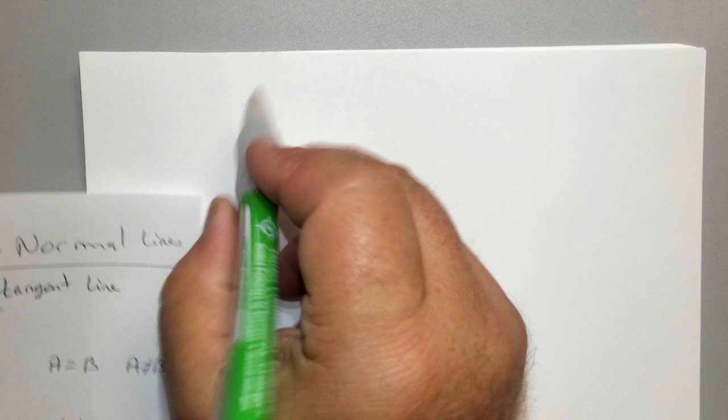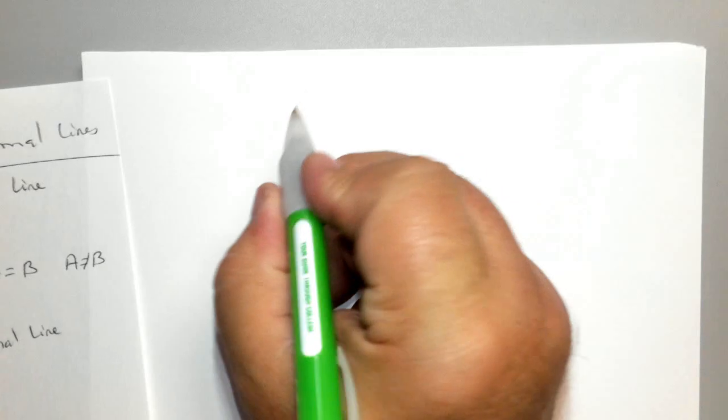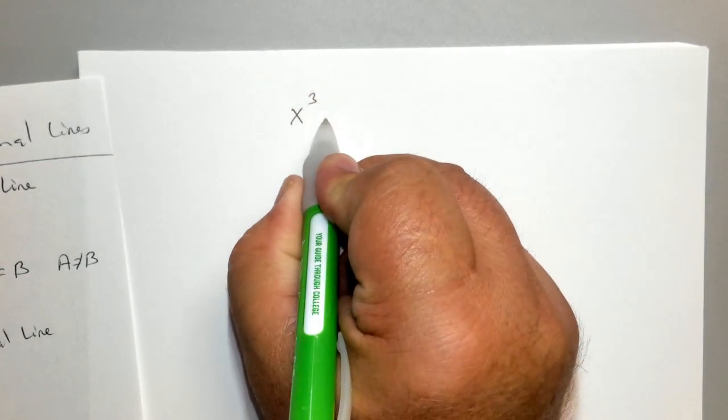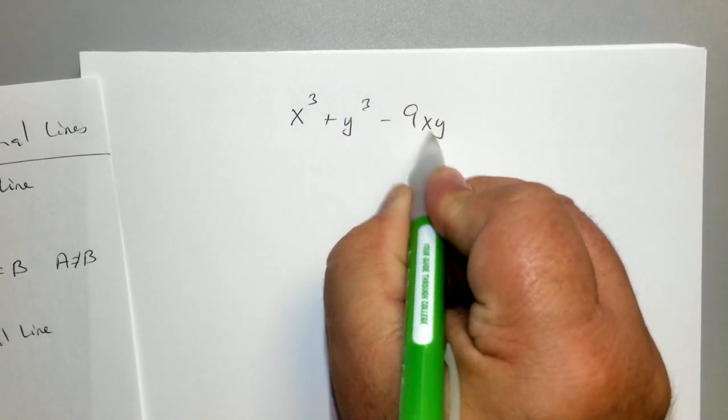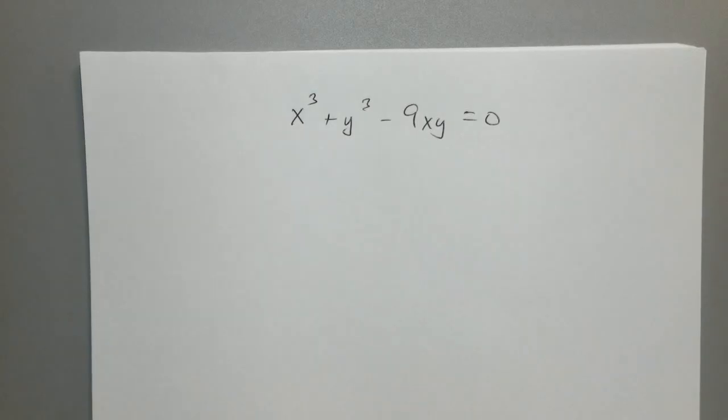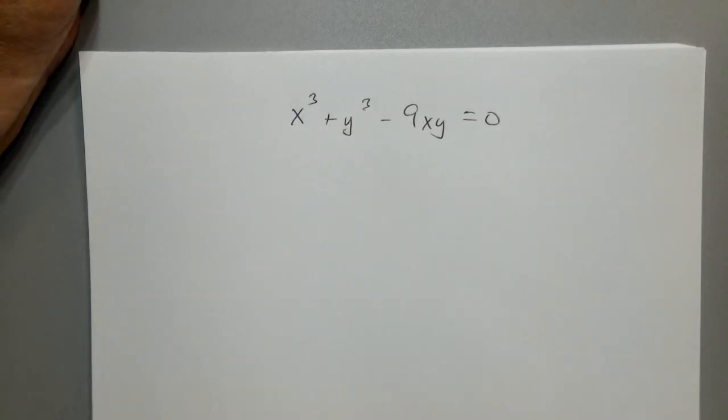I need a function. The function is x cubed plus y cubed minus 9xy equals 0. We find the tangent line and normal line. How do we find the tangent line?